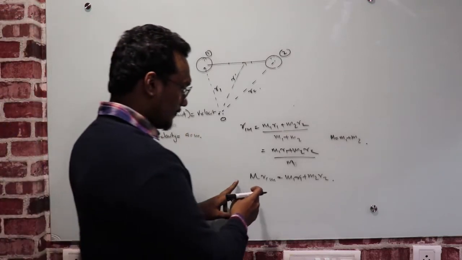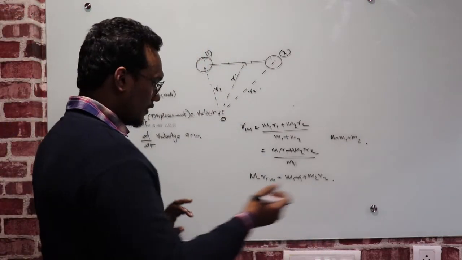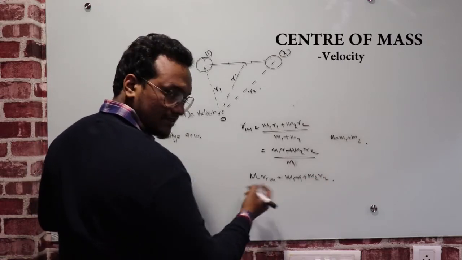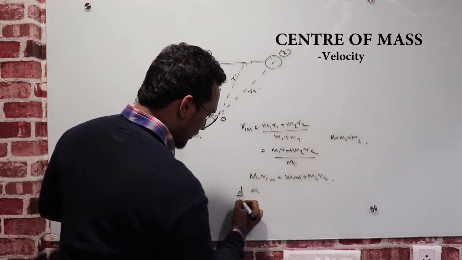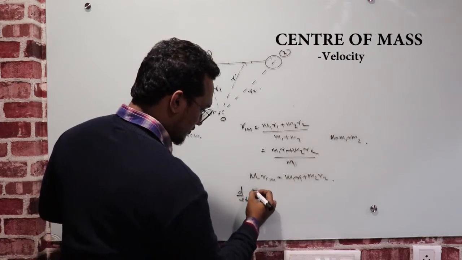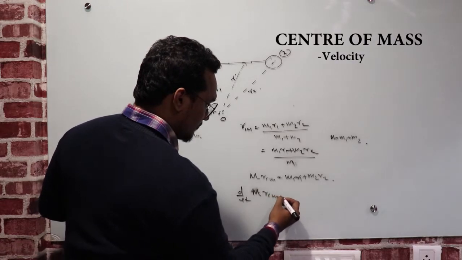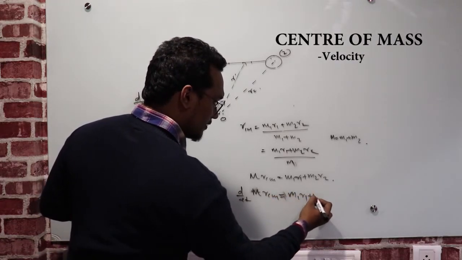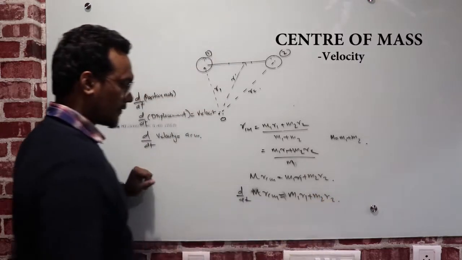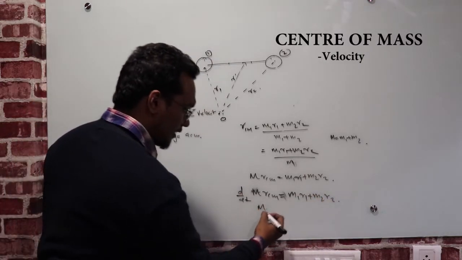We will differentiate the entire equation. Mass is a constant, so I can take mass outside and just differentiate. So d by dt of this equation, that is M RCM is equal to m1 r1 plus m2 r2. M is a constant that will come outside.